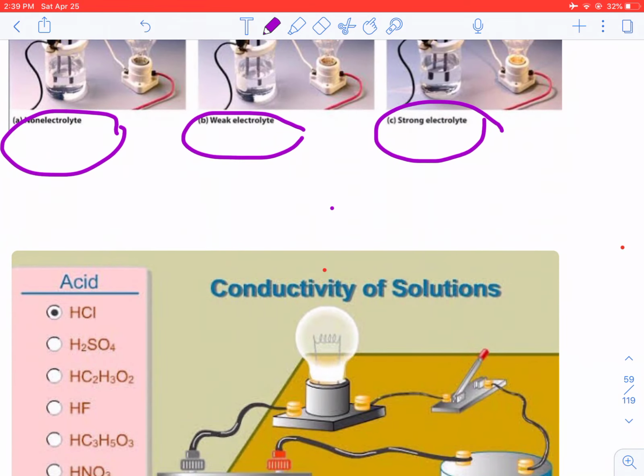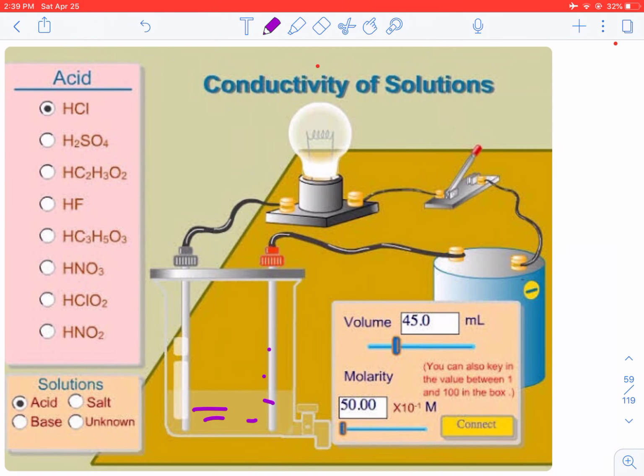Now here we have the conductivity of solutions again, but here we're looking at acids dissolving in water. Now mostly acids have an H in front. All these are referred to as acids.